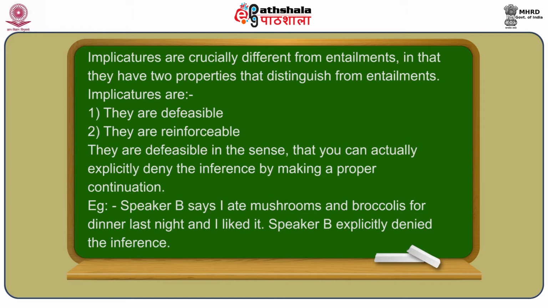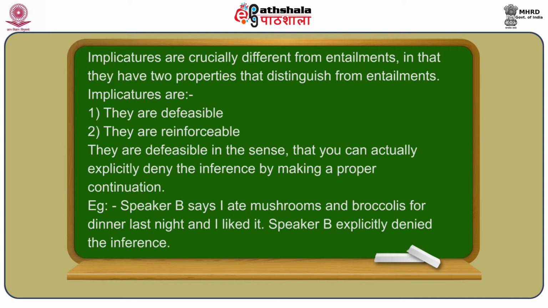They are defeasible in the sense that you can explicitly deny the inference by making a proper continuation. So, for example, suppose speaker B knows that speaker A in the previous conversation knows that speaker B hates mushrooms and broccoli.